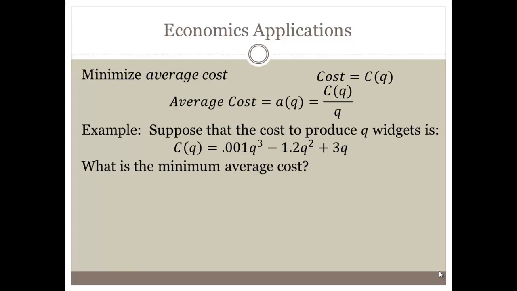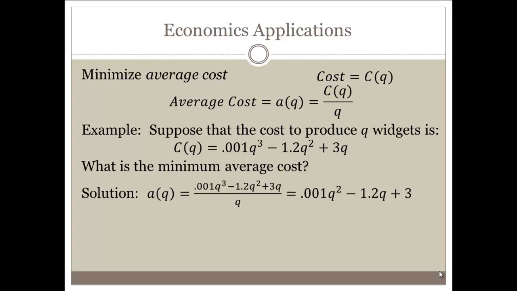To find this, we first must find average cost, which is A of Q equals C of Q divided by Q. In this case, 0.001Q cubed minus 1.2Q squared plus 3Q all over Q, which comes to 0.001Q squared minus 1.2Q plus 3.